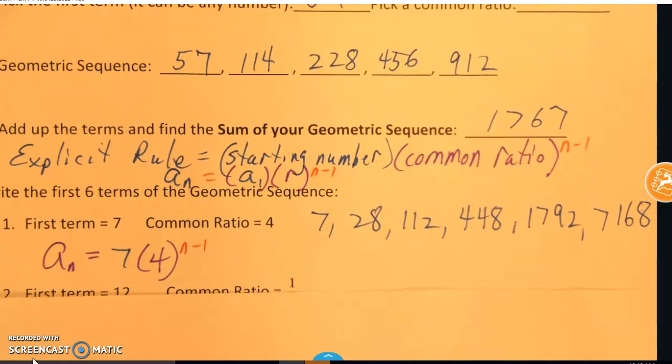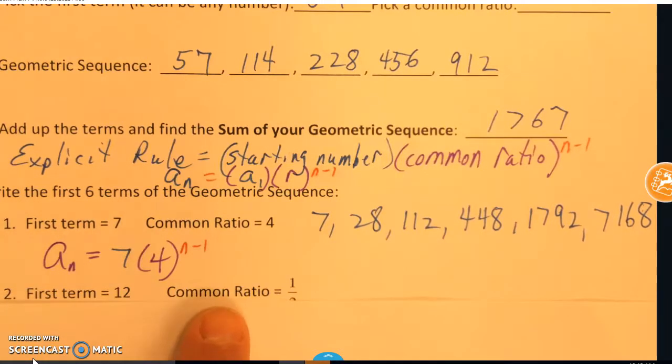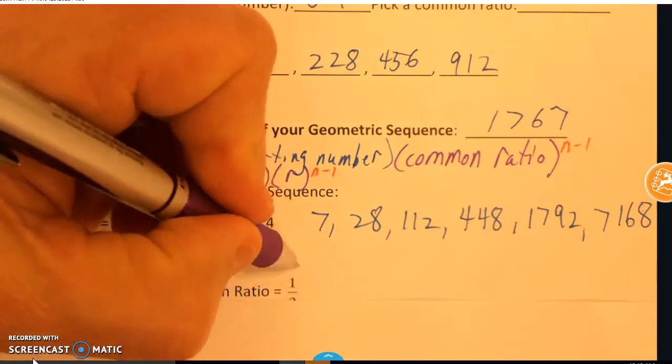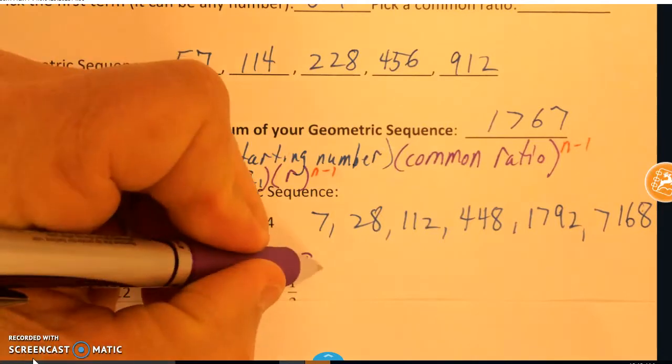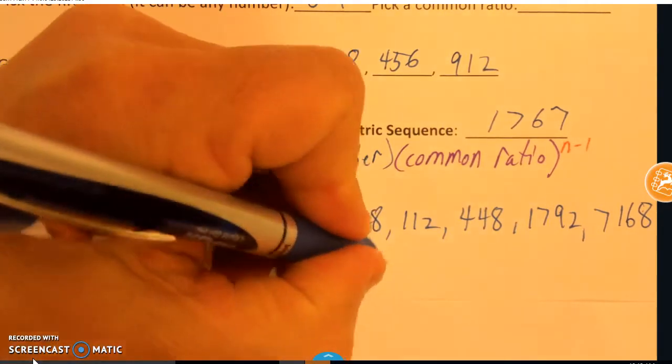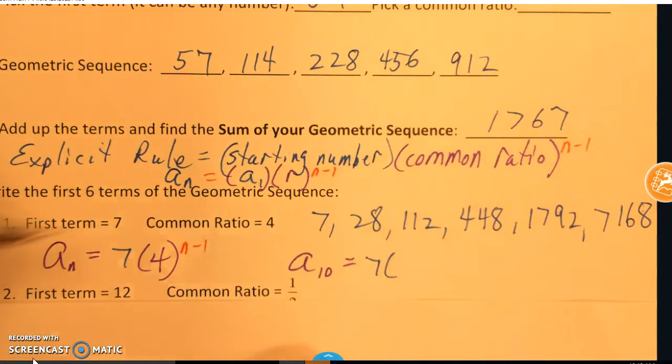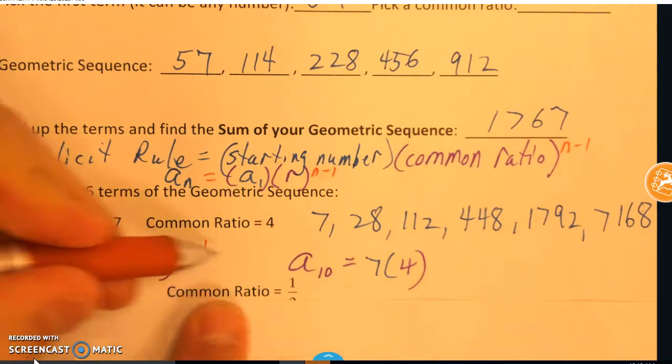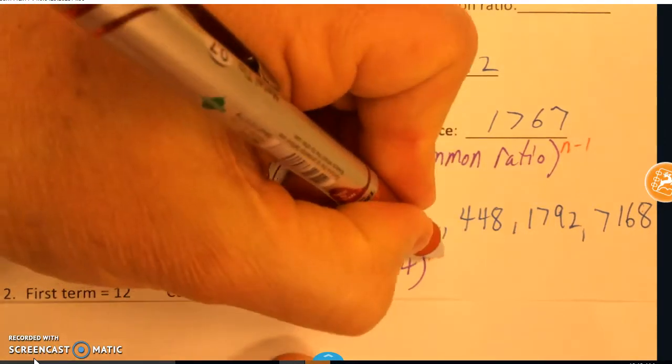Now, one nice thing about having the explicit rule is, let's say I wanted to find the 10th term in this sequence. My sequence is 7 times 4 raised to the n minus 1. So if I wanted to find the 10th term, I would write a sub 10, write the 10 little and down low. And my starting number is still 7. My common ratio is still 4. Now, for the 10th term, my n is 10, so I replace that n with a 10, so it's 10 minus 1.